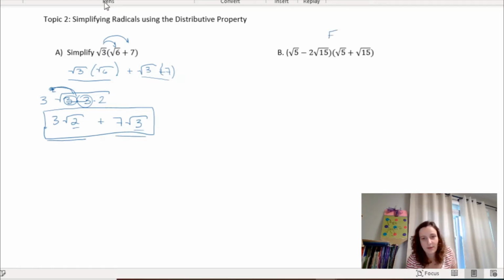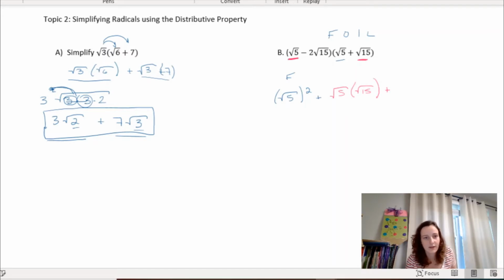And this one we need to remember our FOIL method, how to multiply binomials. Remember your first numbers: my first, square root of 5 times square root of 5, so that's going to be the square root of 5 squared. Plus my outer numbers, square root of 5 times square root of 15.